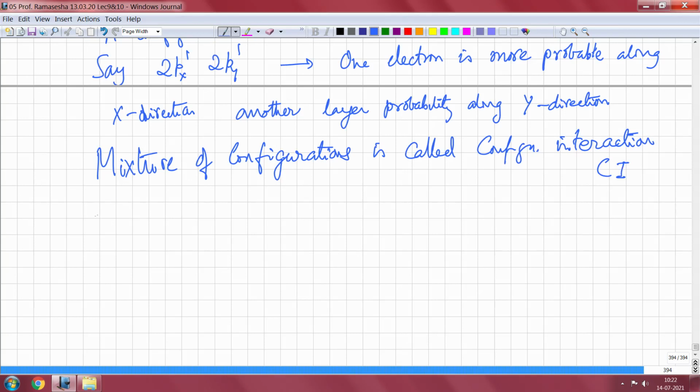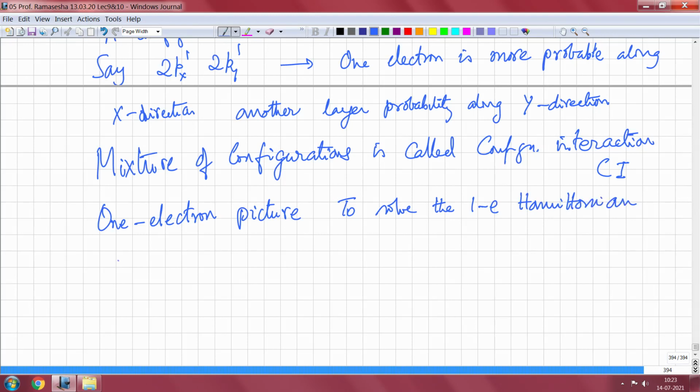So when we do a one electron picture, to solve the one electron Hamiltonian, you need a linear combination of a large number of atomic or molecular orbitals. So you require a very large Hilbert space for getting an exact solution.